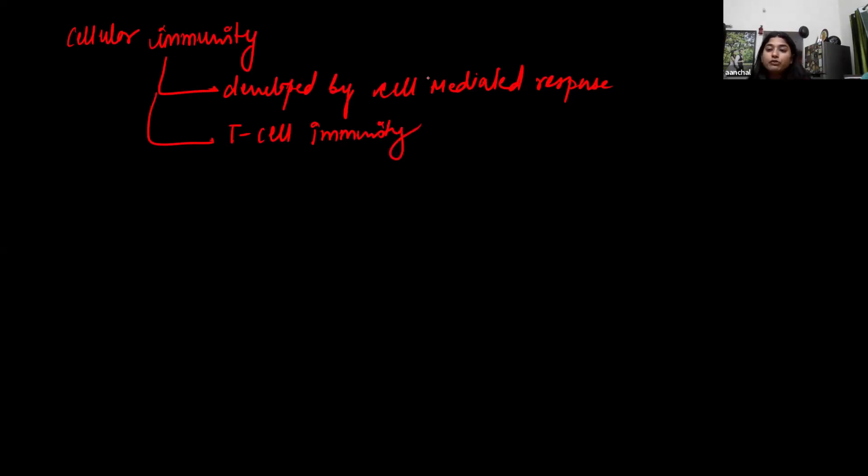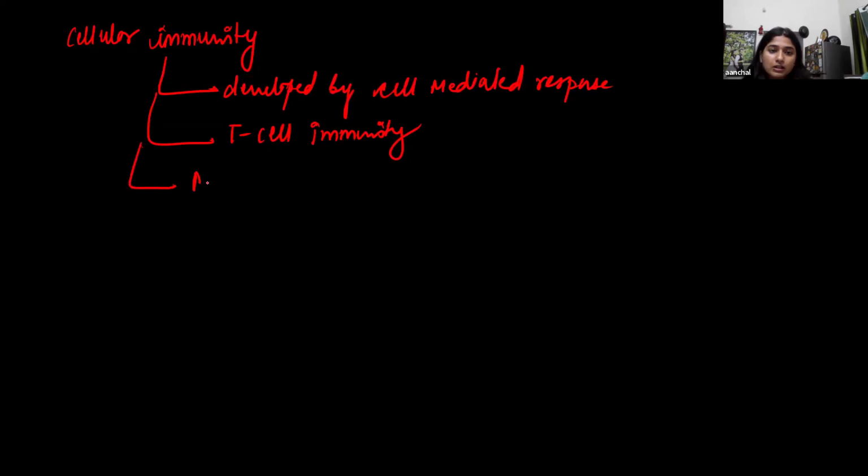Now, this type of immunity involves several types of cells such as T lymphocytes, macrophages, and natural killer cells. That's why it is named cellular immunity. But this immunity does not involve production of any antibodies.